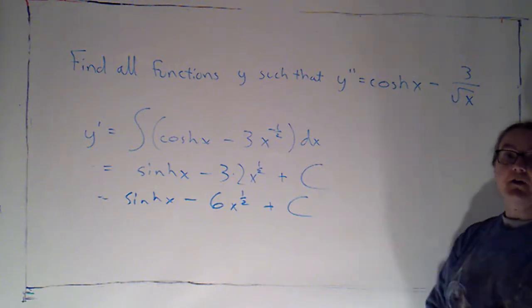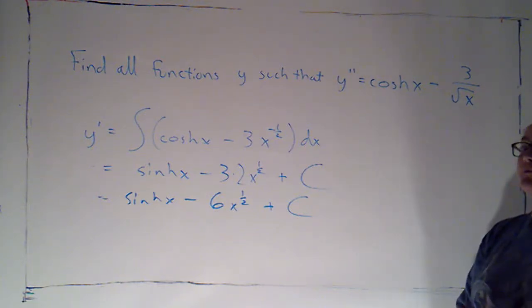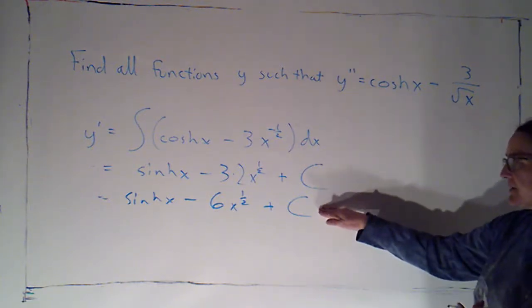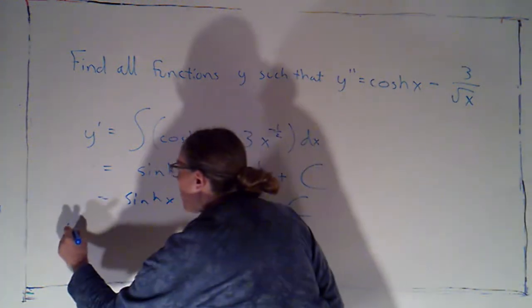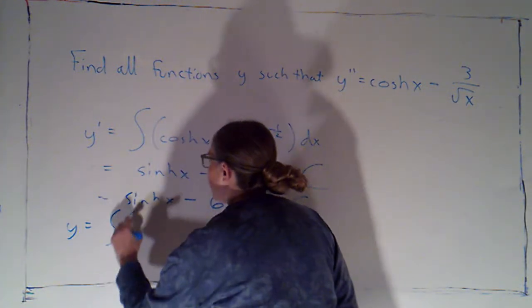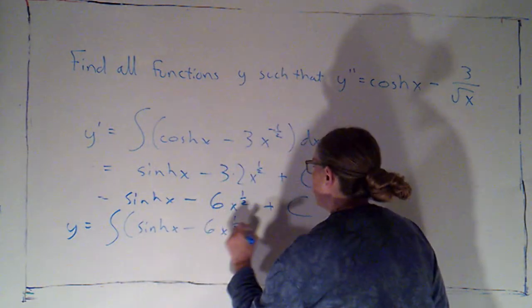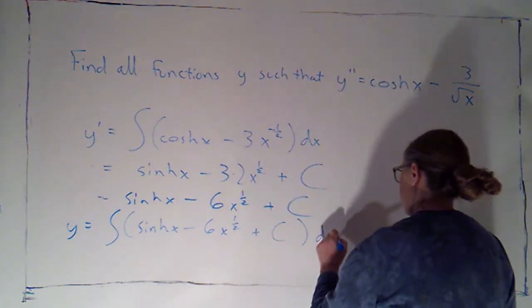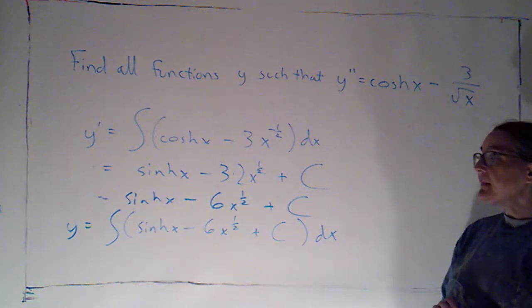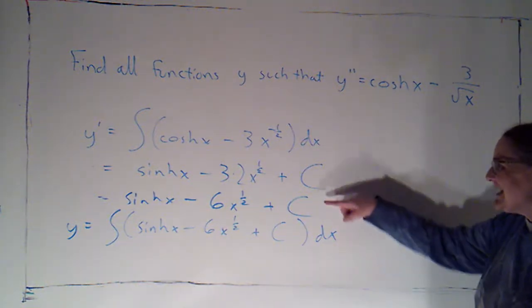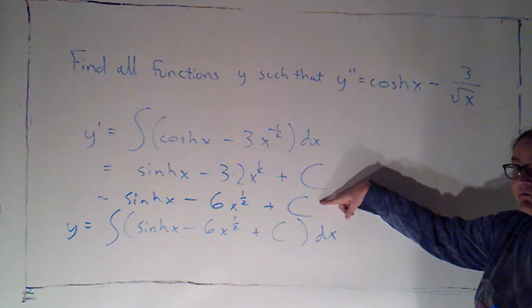These are all of the functions that could be my y prime. So these are the derivatives of y. Y then is going to be the indefinite integral, or the general antiderivative, of this thing. Now, one thing that's important to notice: c is part of the formula for y prime.